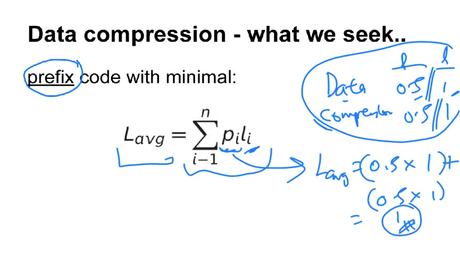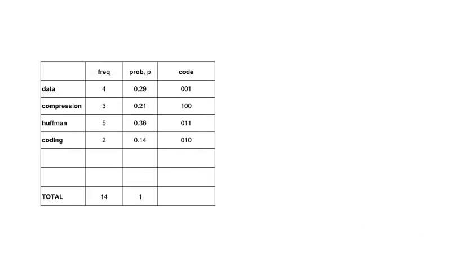Let's go back to the coding system that we used in our very first example. The strings in our input text were data, compression, and so on, with Huffman encoding, their frequencies and probabilities, and these were the codes that we used.